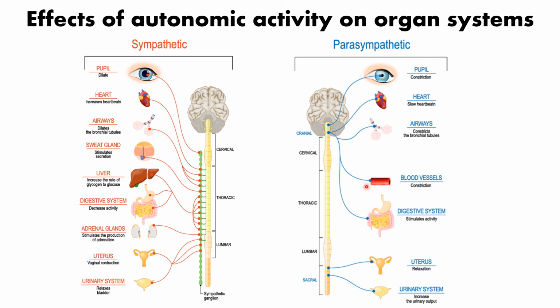So the blood vessels to the splanchnic organs, which is like the digestive system, constrict during the sympathetic response, because we don't want our digestive system to be active. They don't need a lot of blood supply during fight or flight when we're running away from a lion. But the opposite is true again for parasympathetic.